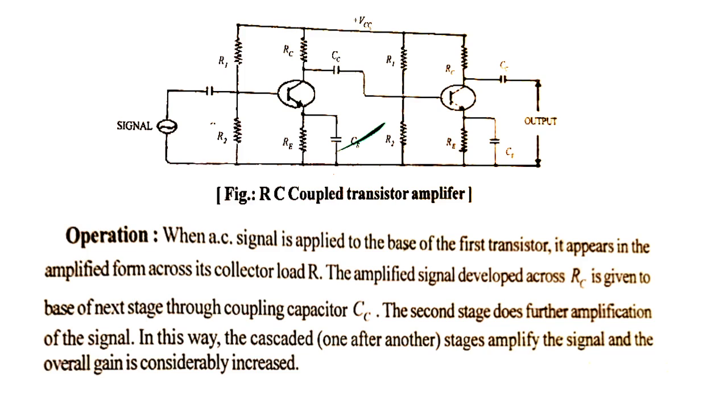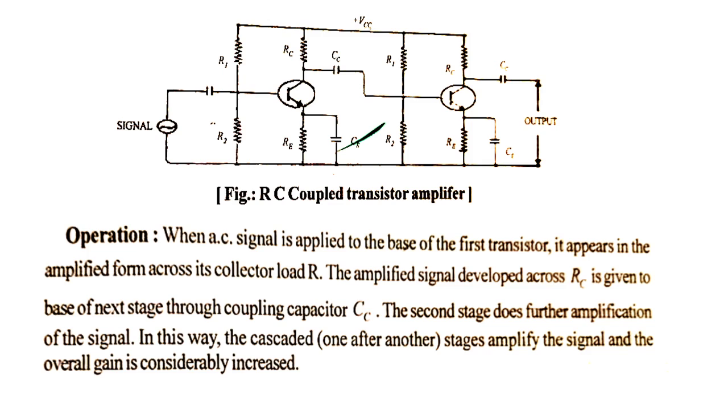Now see the operation of the RC coupled transistor amplifier. See in the figure, when an AC signal is applied to the base of the first transistor, it appears in amplified form across its collector load RC.